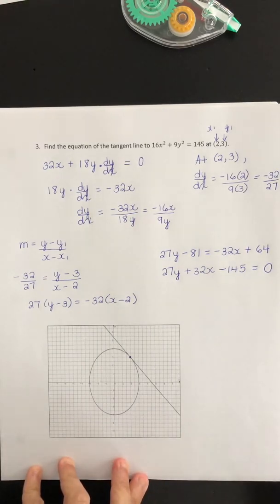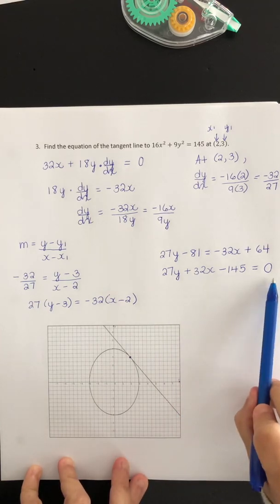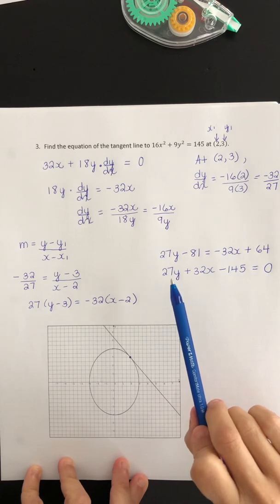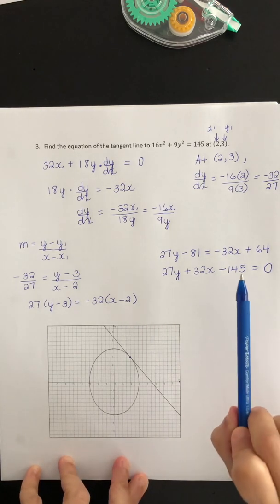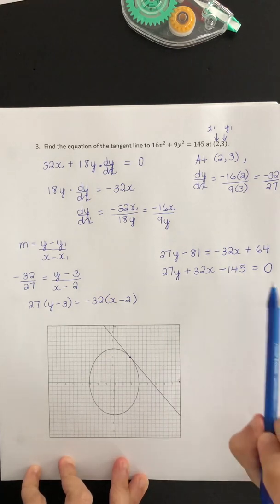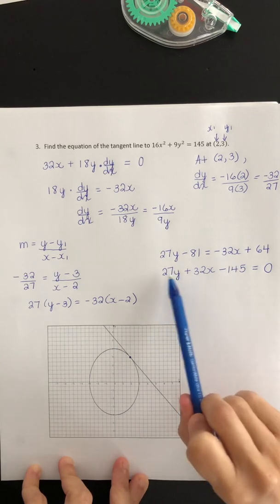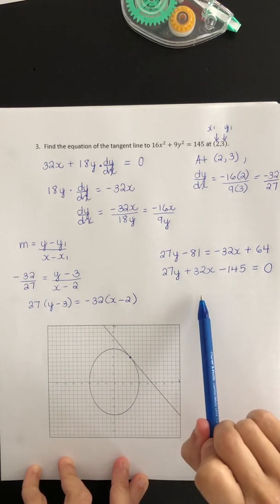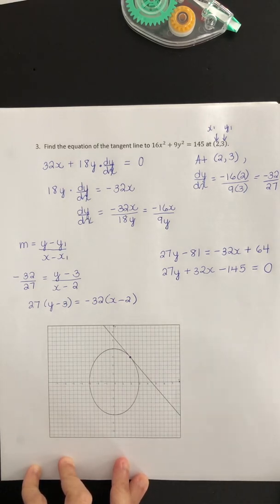Okay, now I should point out that this, of course, is exactly the same as the equation having negative 27y, negative 32x, and positive 145 is 0, even if the terms here were in a different order. So negative 32x, negative 27y plus 145 is 0. Those are all the same straight line equations, okay?